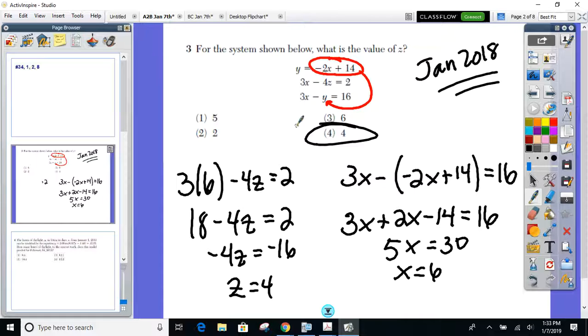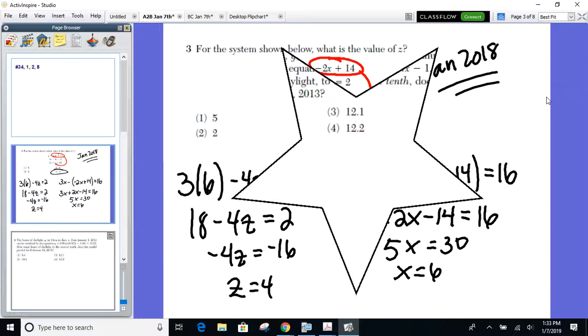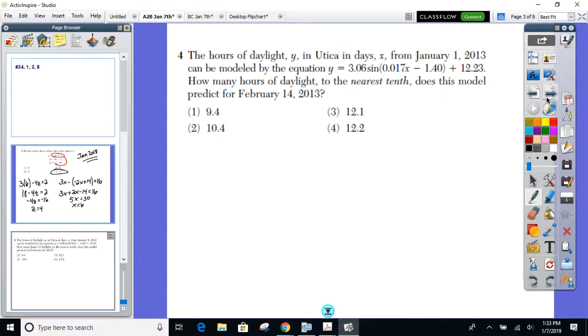So, all right, going right to the next one on today, number 4. I'll let you read through that about Utica.